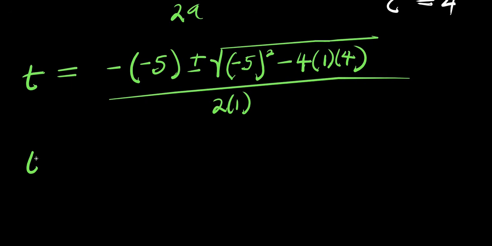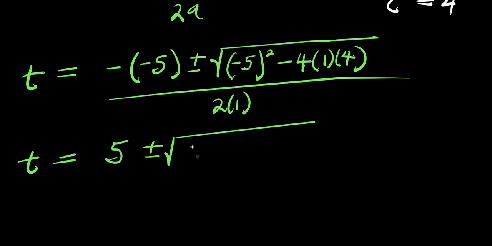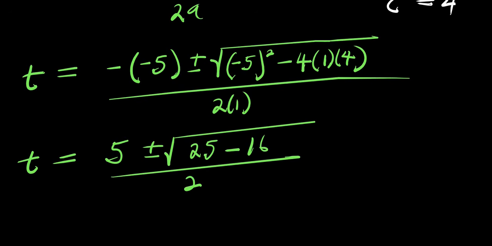From here, I have t equals 5 plus or minus square root of 25 minus 16, divided by 2.